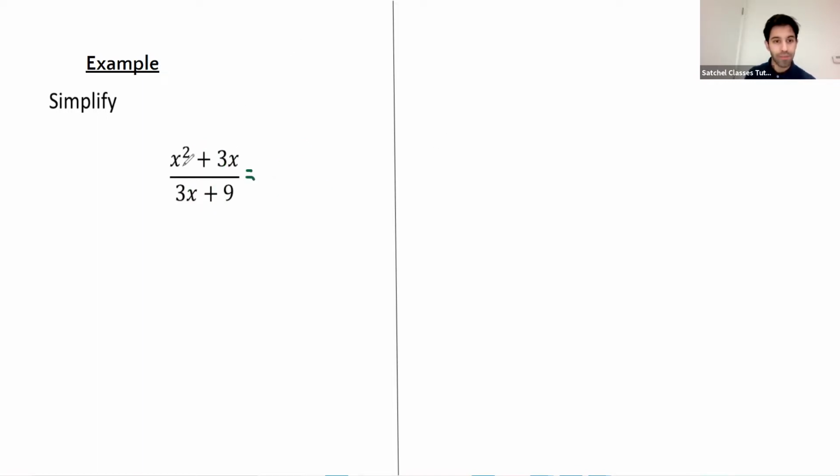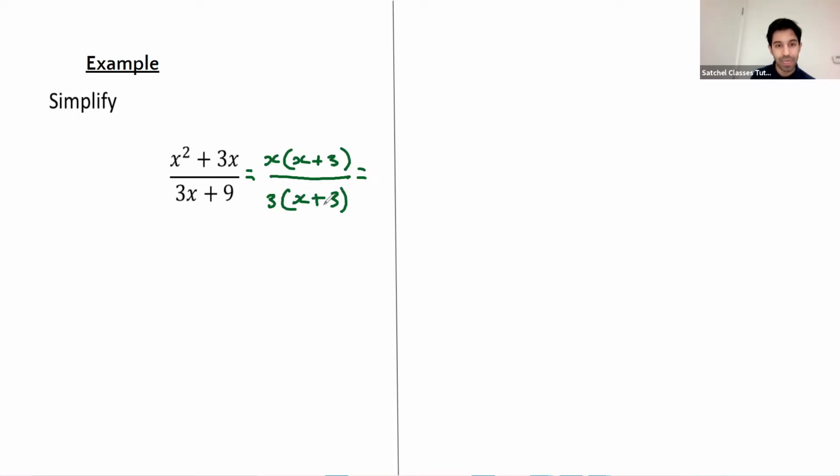So if I factorize the numerator, I will have x on the outside. x is the highest common factor of the two terms. x on the inside plus 3. And then over here, 3 is the highest common factor. x on the inside plus 3. Now I have a multiplication problem. Now what I'm saying is x times, in brackets, x plus 3, and 3 times, in brackets, x plus 3.